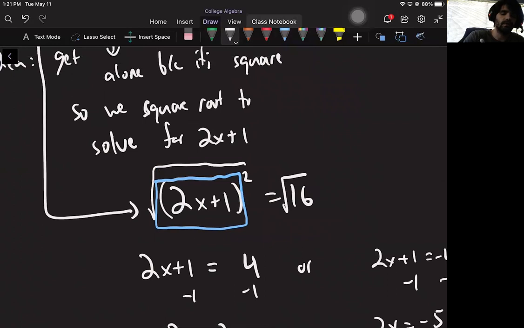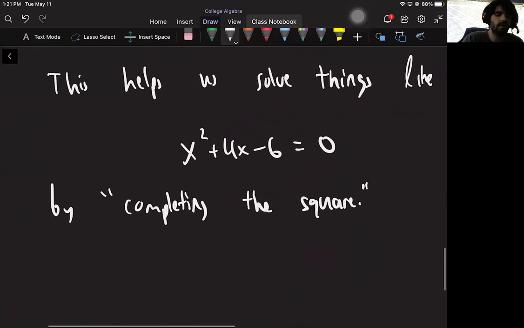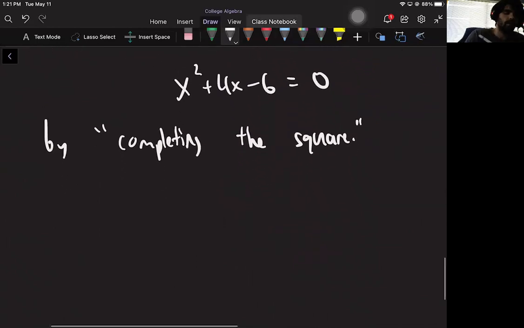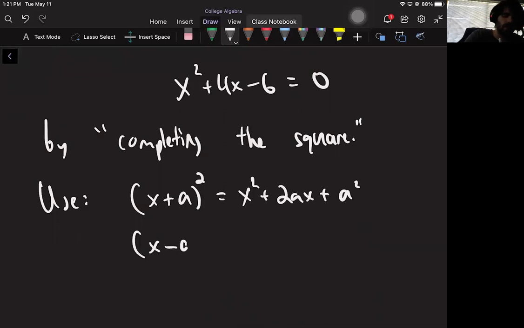aka like this, 2x plus 1 squared, something squared. I want that to be something squared. That way I can square root both sides. And what we're going to do is we're going to use these little shortcuts that we saw a while ago, which is if I square something like this, x plus a squared, and I multiply it out, I get x squared plus 2ax plus a squared, or you can also do it with a minus a.